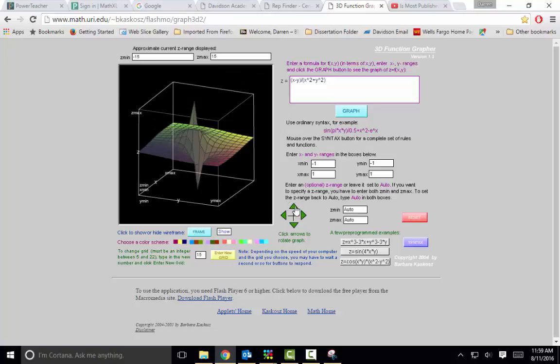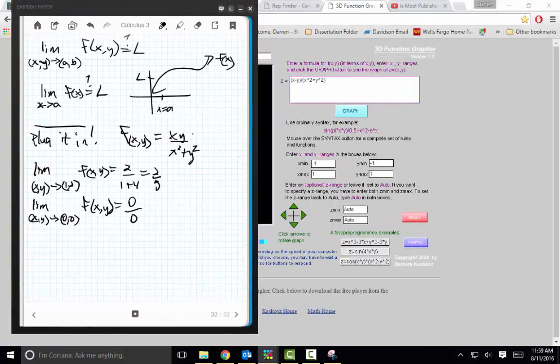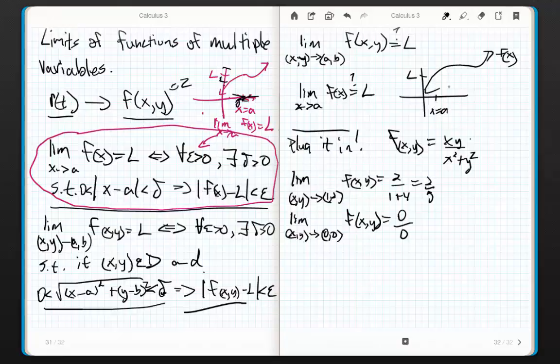So I'm going to write a definition that comes straight out of your textbook, and it's going to seem pretty straightforward, I hope. But what I want you to think about is when I'm taking the limit as x approaches a of f of x, so I'm in the plane, I only have 2 paths. I have the limit from the left, and I have the limit from the right.